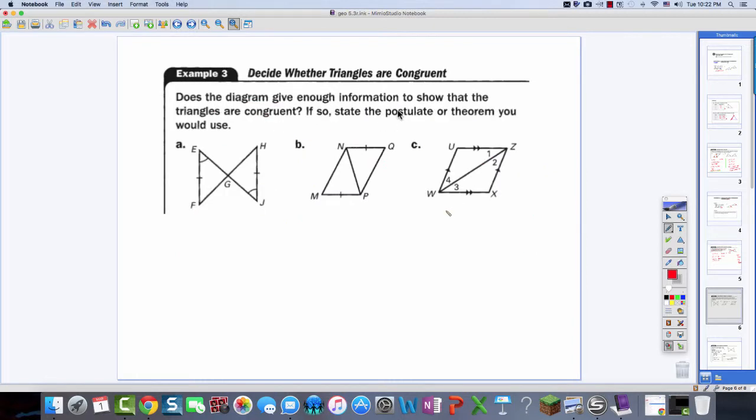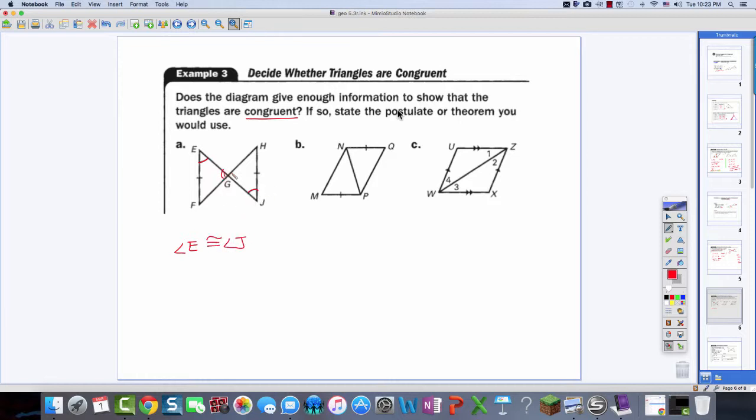Decide whether triangles are congruent. So if we have to decide if they're congruent, if so, state the postulate or the theorem that we would use. So in this case, what's given is one set of angles. Angle E and angle J are matching angles, and they're congruent.